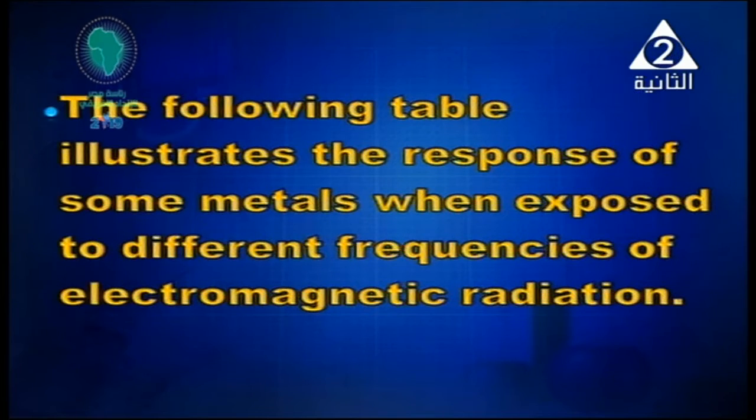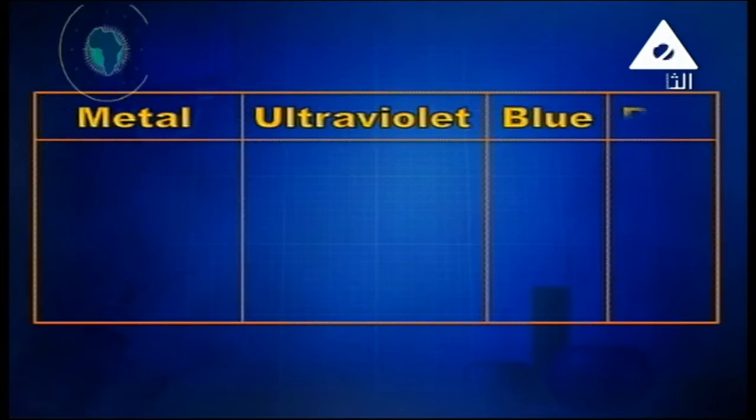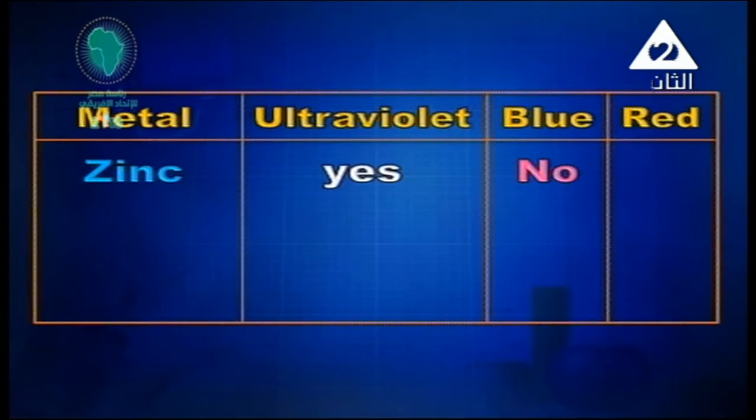The following table illustrates the response of some metals when exposed to different frequencies of electromagnetic radiation. We've got a metal, then the metal is exposed to ultraviolet, then blue, and finally red. The first was zinc. Ultraviolet managed to extract electrons from it, but blue didn't.